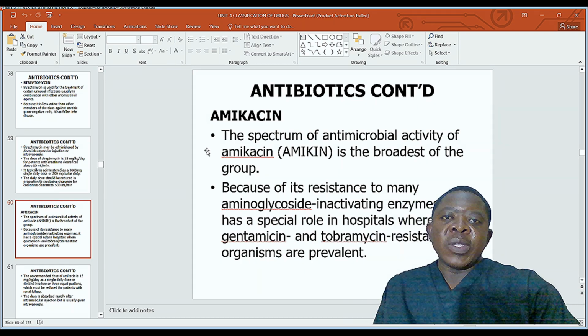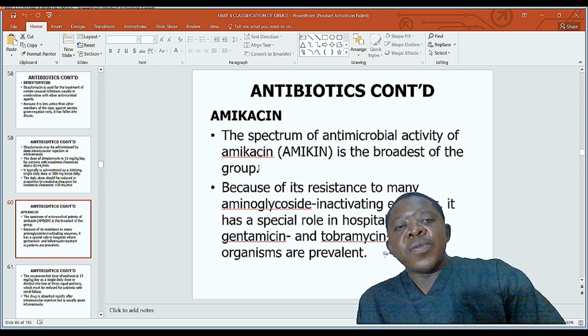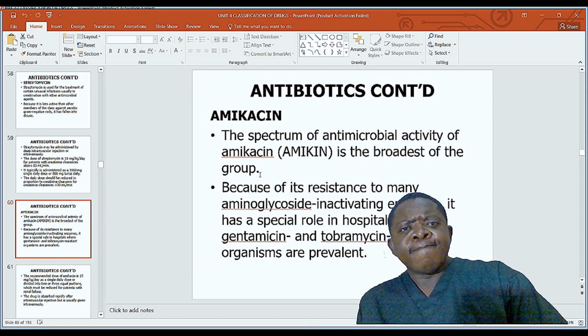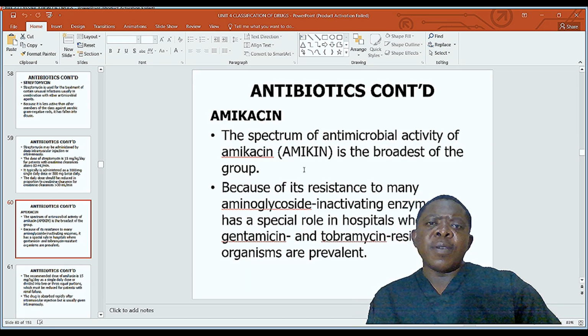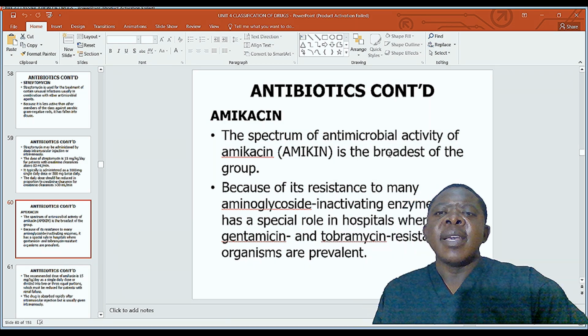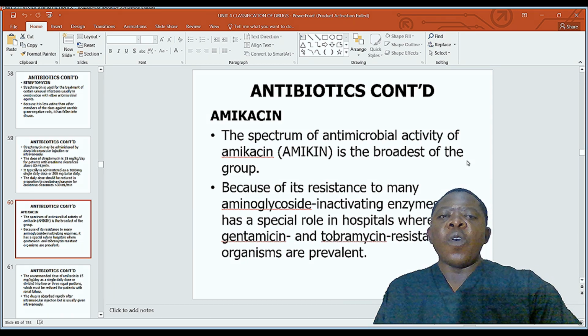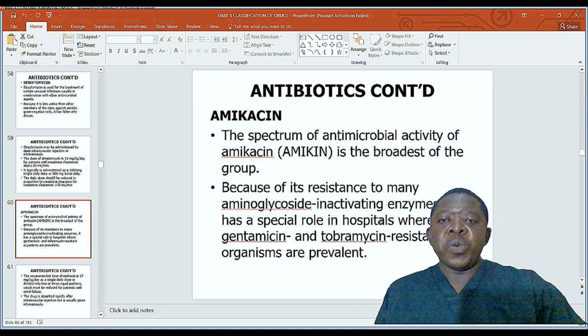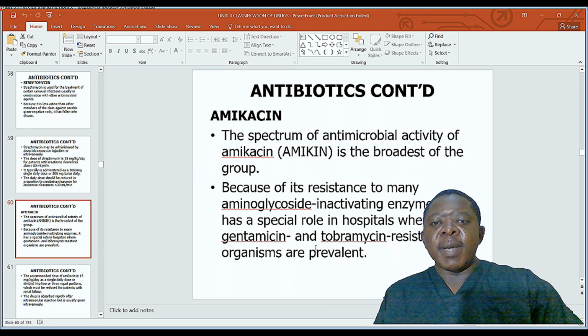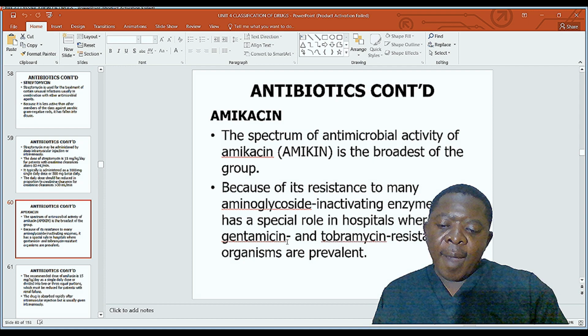Amikacin is also another example of an aminoglycoside. The spectrum of antibacterial activity of amikacin, or Amikin, is the broadest of the group. Because of its resistance to many aminoglycoside-inactivating enzymes, it has a special role in hospitals where gentamicin- and tobramycin-resistant organisms are prevalent.